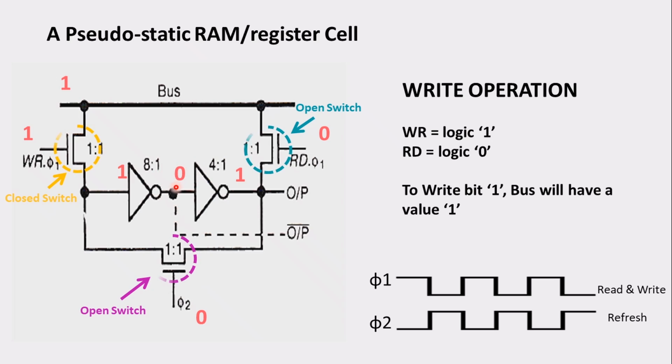The inverted form of the input we have applied, the inverted form of the data, is what is going to be stored over here. So the output for this particular input will be 1. This inverted form of the input has been written at this particular output, so this output is going to be 1 over here.